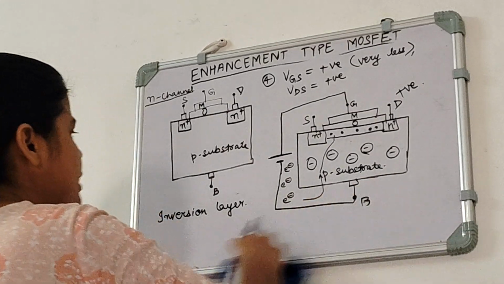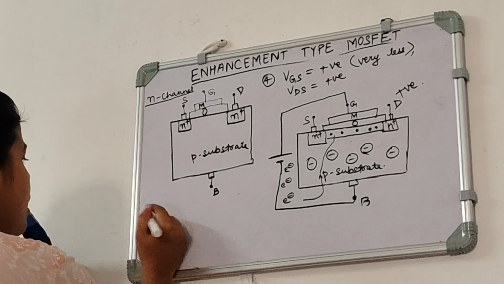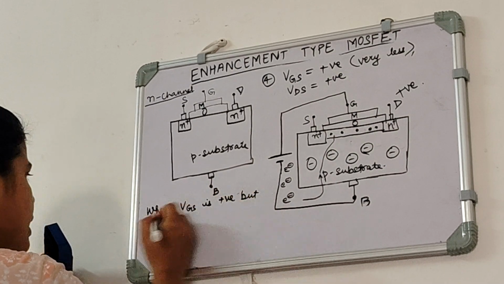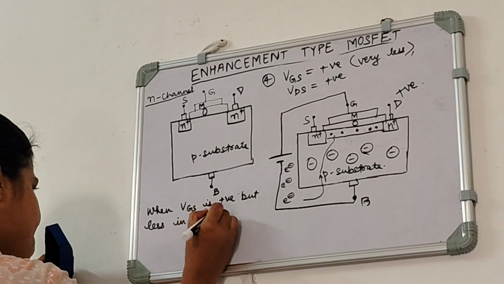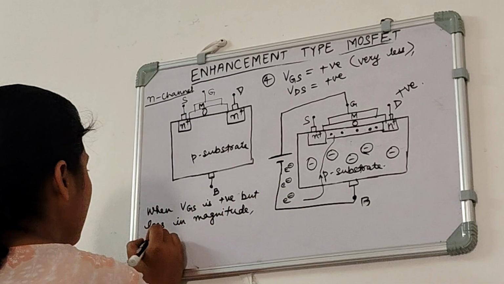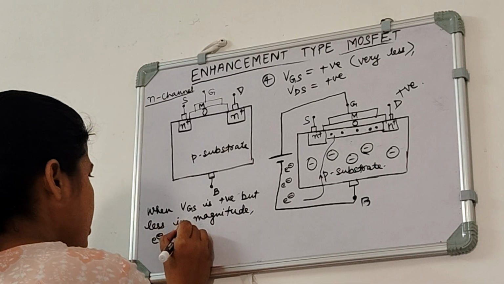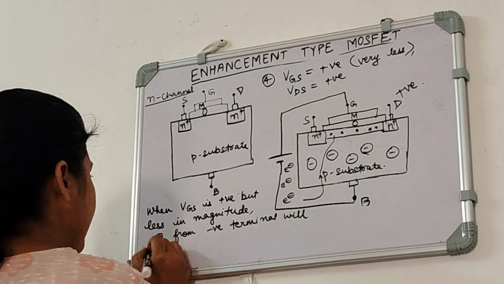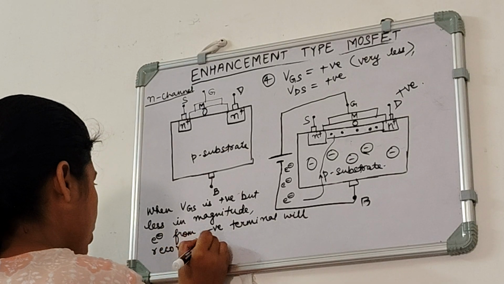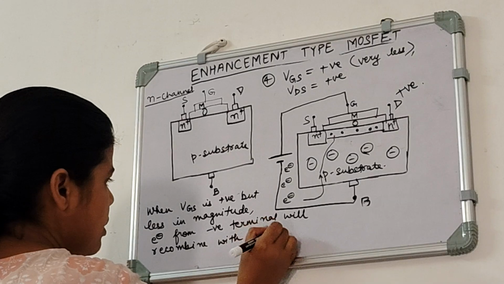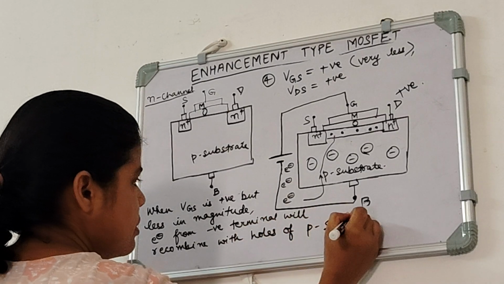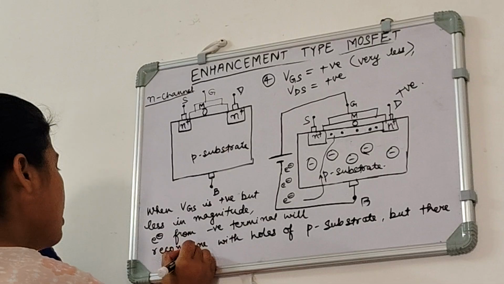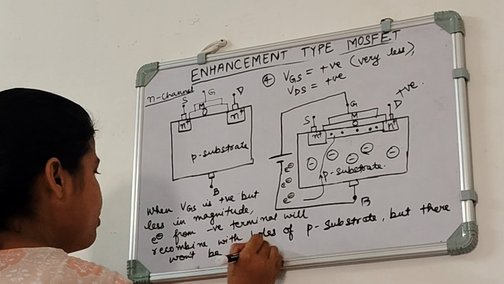Now we can write here that when VGS is positive but less in magnitude, electrons from the negative terminal will recombine with the holes of P substrate, but there won't be any channel formed.